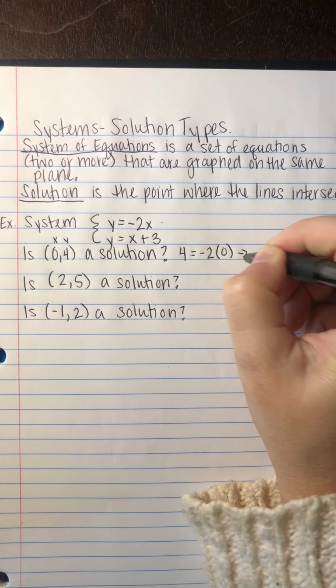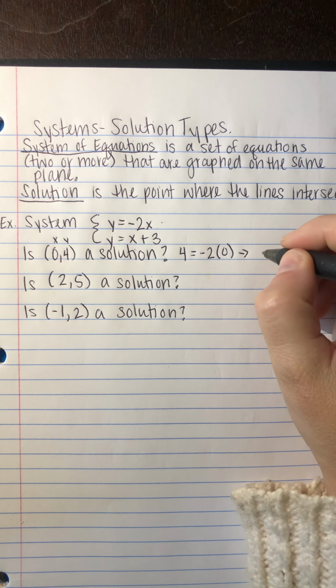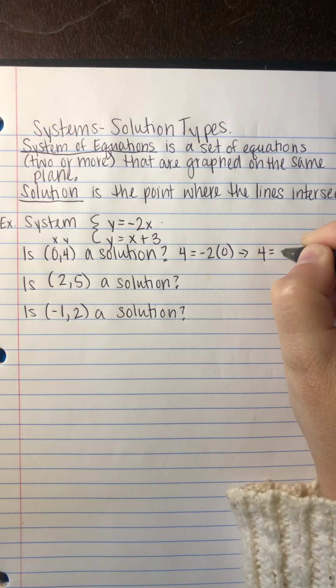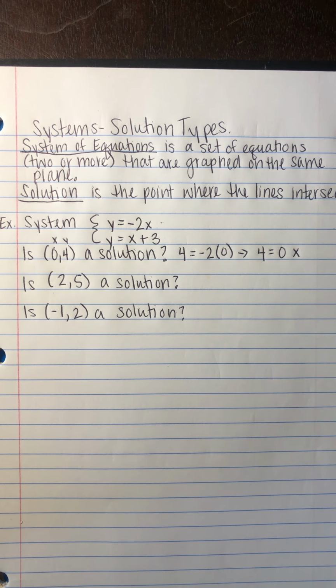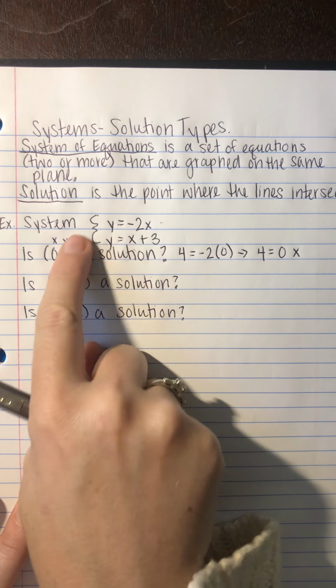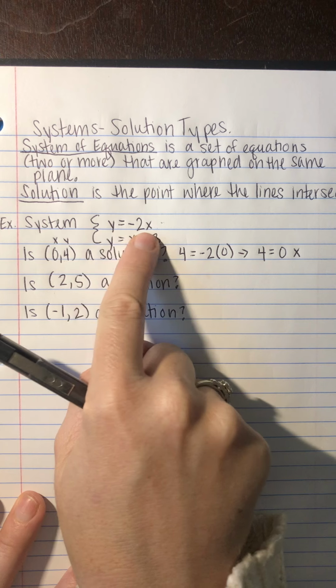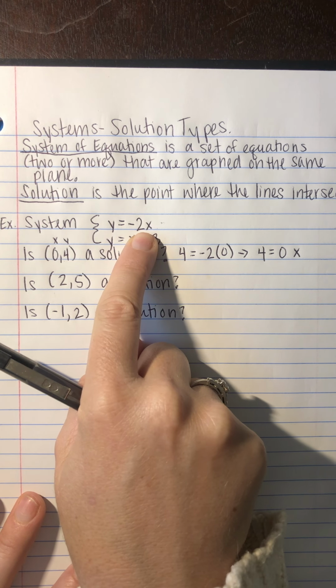We're just going to solve that. So we have 4 equals 0, and that is not true. Well, if it doesn't work for one of your lines, that means it can't work for either, meaning it's not going to be the point of intersection. If that point is not on this line, it can't be the point of intersection.